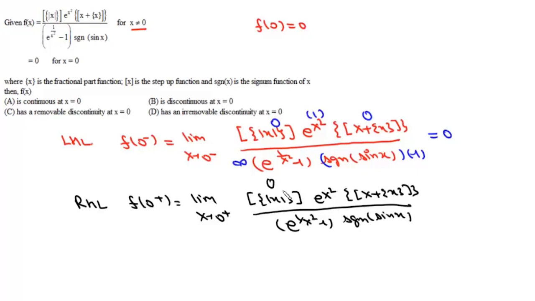Now again this is 0, and this is 1. This again is infinity, and when x is positive, sin x is positive, so this is plus 1. So again it will be 0. So for this function, f(0) is equal to f(0 negative), and it will be equal to f(0 positive). So this function is continuous at x equals 0.